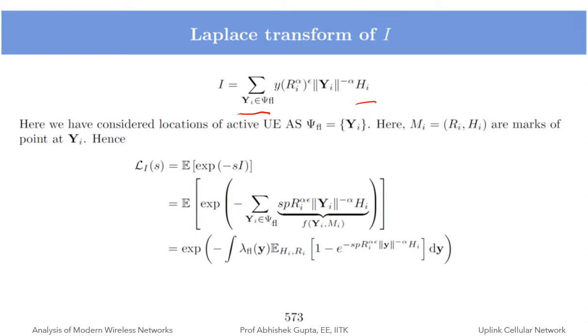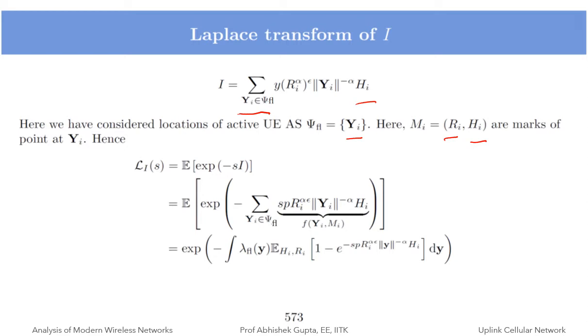So we have considered the active user process as a PPP with the density already calculated. These locations are given by y_i, and we are assuming R_i and H_i as the marks of this process for each point. R_i is the distance between the user and its serving base station, and H_i is the fading from this user to the tagged base station.